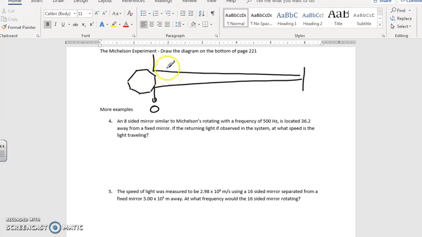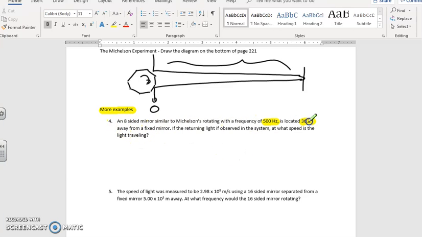Now, in this case here, this distance gets traveled twice, and usually it's in the kilometers range. And during that time, we're seeing the mirror make one portion of rotation in order for the light beam to come straight through.